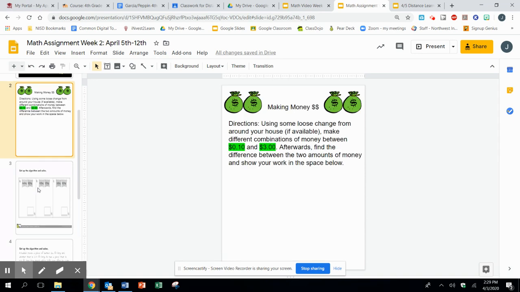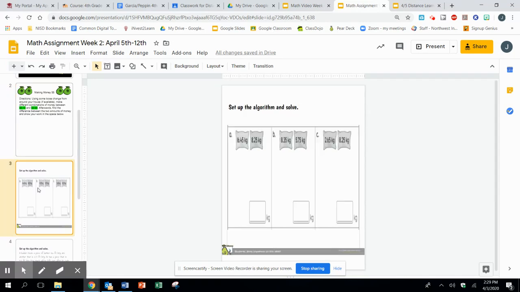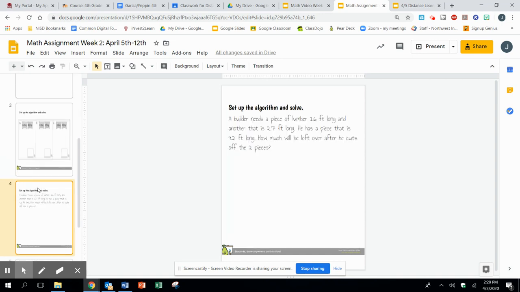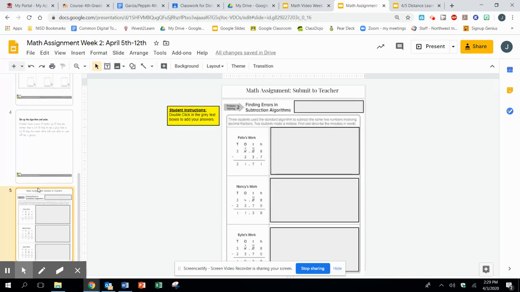To give a quick preview, slide 2 is going to be a hands-on activity where you will make different amounts of money. Slide 3 is going to have examples of decimal fraction subtraction. Slide 4 is going to be a word problem involving decimal fraction subtraction. And finally, slide 5 is going to be some extra examples.